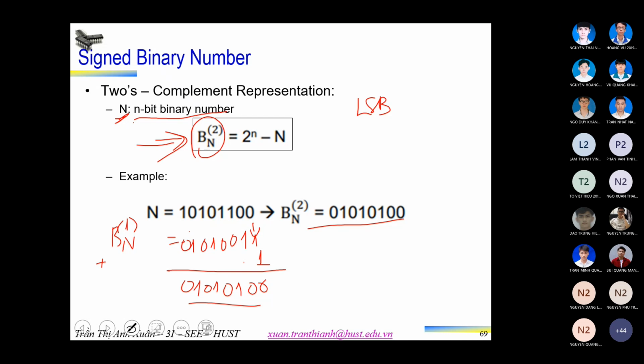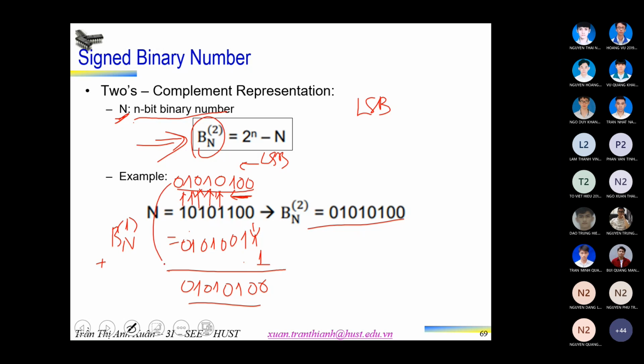So we keep 1 1 1 0 0, and the other bits we reverse: 1 converts to 0, 0 converts to 1, and so on.